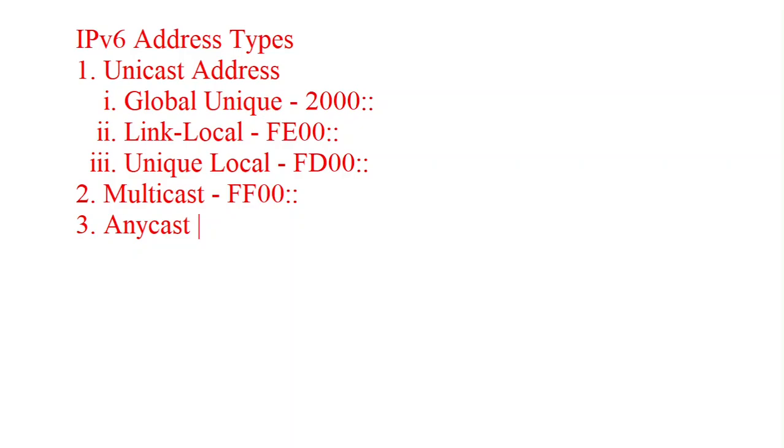So that is what anycast is used for. Multicast, of course, is a group, so it can be assigned to multiple interfaces. If you join that group, then you are able to process that multicast packet. So those are the address types.